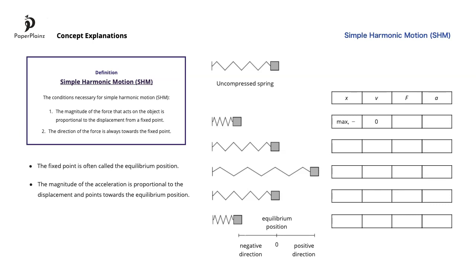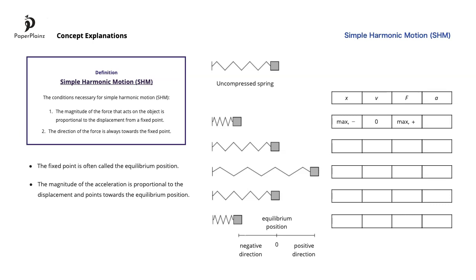As for the direction of the force, we can imagine that the spring is trying to push the object to the right, in other words, towards the positive direction. This means that the force exerted on the object is pointing to the right, therefore it is positive. So we can conclude that at this position, the magnitude of the force is at its maximum, and it's pointing to the right, so it is positive.